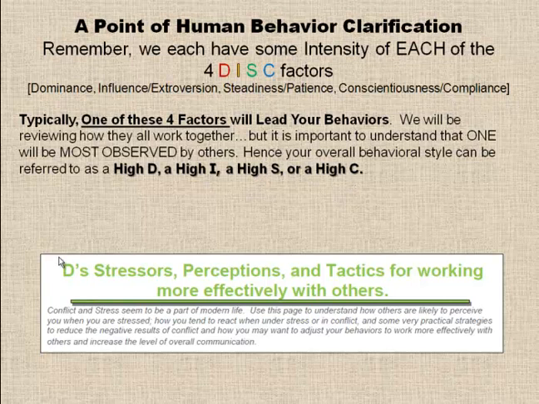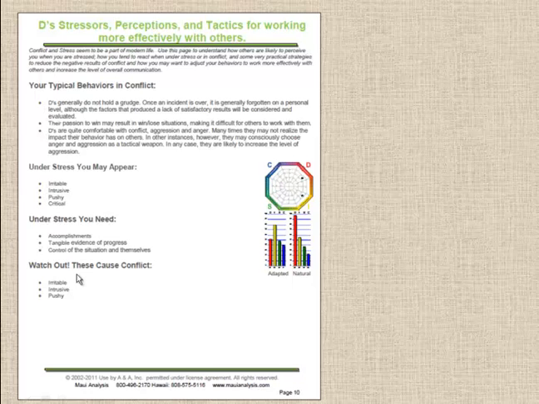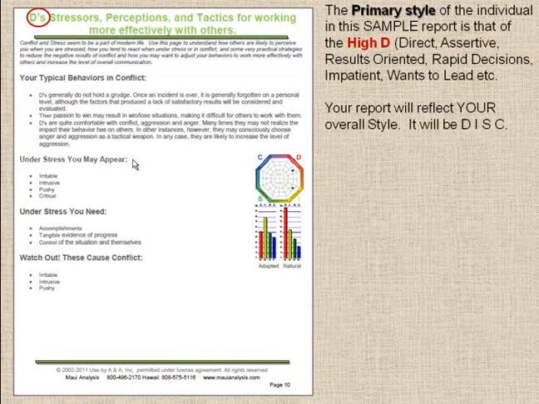This is important because the next piece we're going to look at is tailored to each of these 4 factors. We're going to look at someone who is a high D. So this is what we have. This person is a high D, and we're going to look at the stressors, the perceptions, and the tactics that this person can use to be more effective with others.